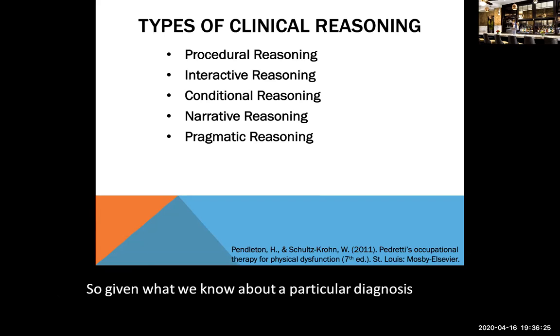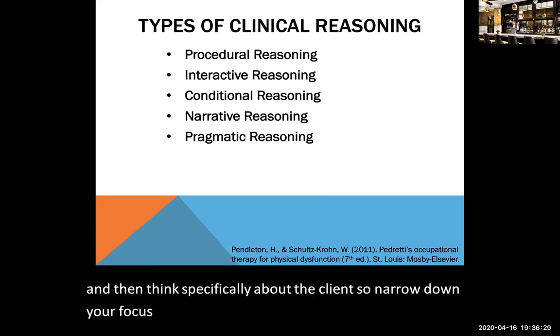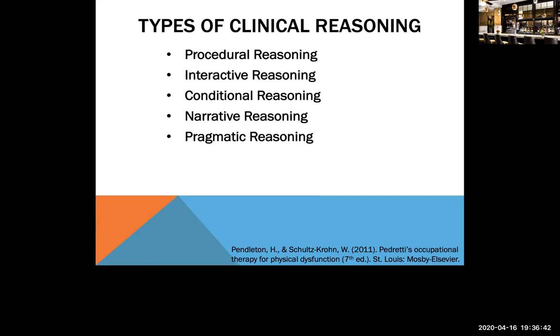So narrow down your focus based on what you know and what you learn about that client's life, where they live, what their home is like, if they work outside the home, what that situation and environment is like. That's what we're looking at when we do conditional reasoning.